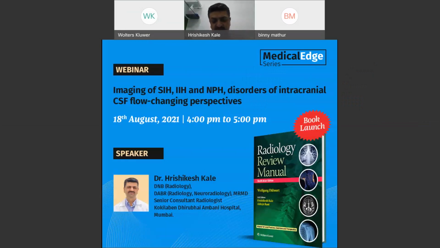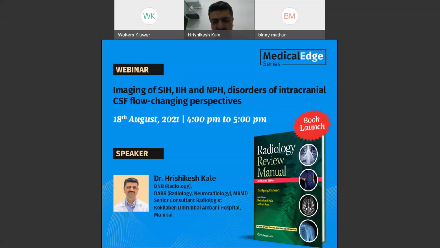So for most CSF flow studies, you also want to rule out the presence of any aqueductal stenosis. That's one thing I forgot to mention: in patients with NPH, you also want to rule out aqueductal stenosis, and your CSF flow studies can help in that.